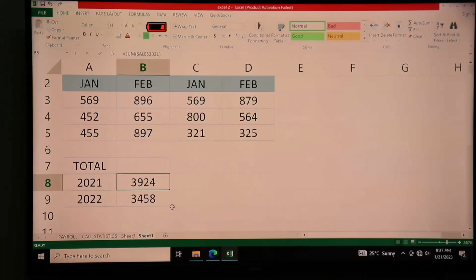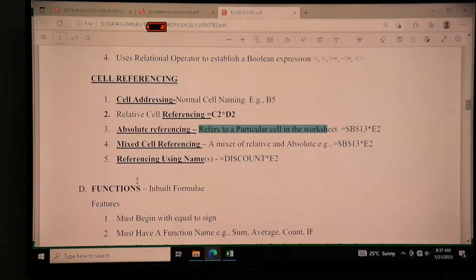So first, you select the range of cells and you give them a name. Then this name is then used in your formulas. That is referencing using names.